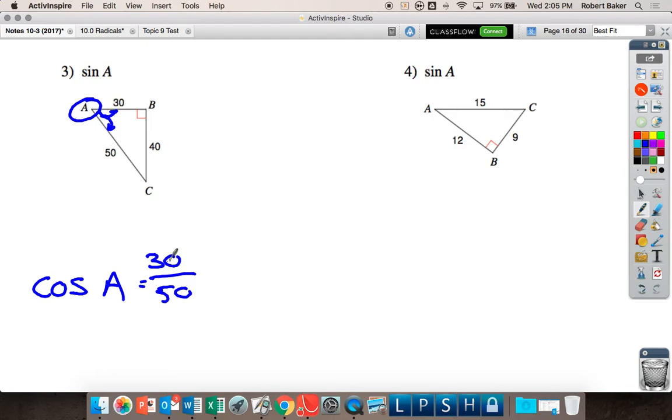Good. So now that you know that 30 is the adjacent side, and this is the hypotenuse. Oops, sorry, this is the hypotenuse. What does it make this one? Opposite. So now you can do sine of A confidently.